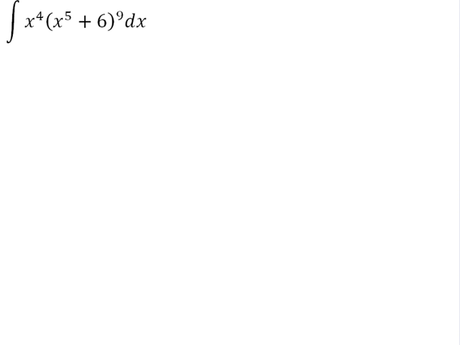So let's identify the innermost function. In this case, the innermost function is x to the fifth plus 6. So that's what we call u. u is x to the fifth plus 6. Well, what's du? If that's u, then du is 5x to the fourth dx, plus 0 because the derivative of 6 is 0.